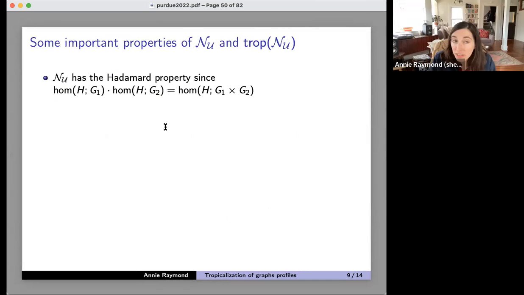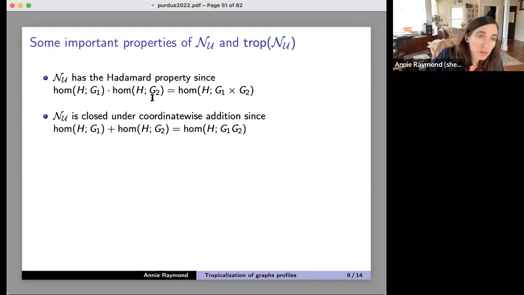So there are some very nice properties of the number profile and tropicalization that have helped us get these results. The first property is that the number profile and the density profile have the Hadamard property, so they are closed under component-wise multiplication. The number of homomorphisms of H in G1 times the number of homomorphisms of H in G2 is the number of homomorphisms of H in some other graph, which is the Cartesian product of G1 and G2.